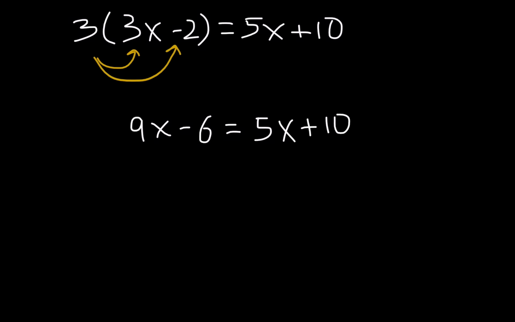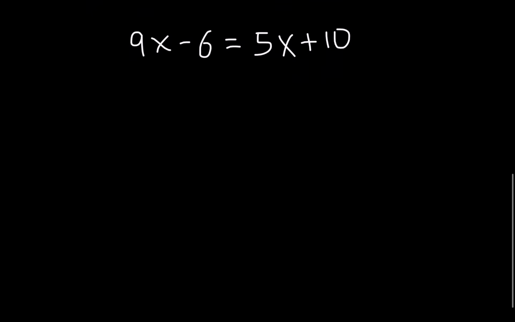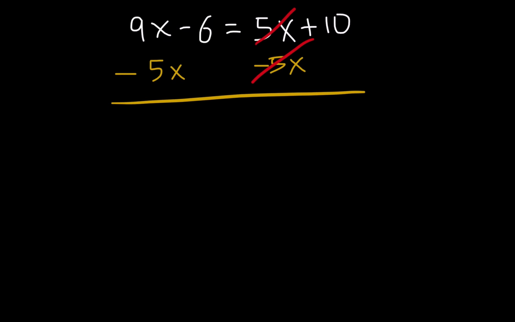Now notice that we have reached our basic form, and we know how to deal with the basic form. First we can subtract 5x on both sides. By the same logic, since we're adding 5x and subtracting 5x, these two cancel each other out. So you are left with 9x minus 5x, which is simply 4x, minus 6 is equal to positive 10.